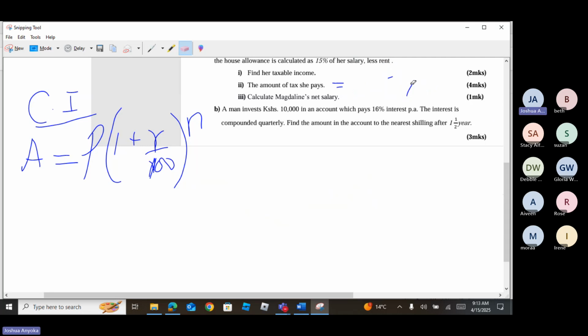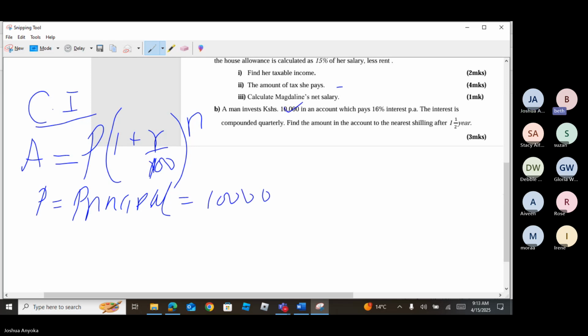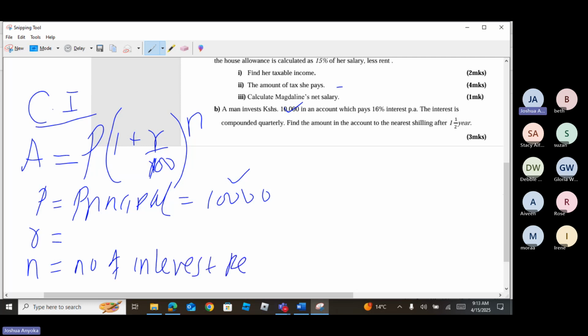Let us define. P stands for principal. In this case, our principal is 10,000. R stands for the rate of interest per period. N stands for the number of interest periods.